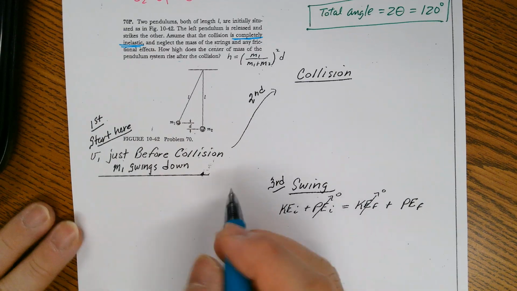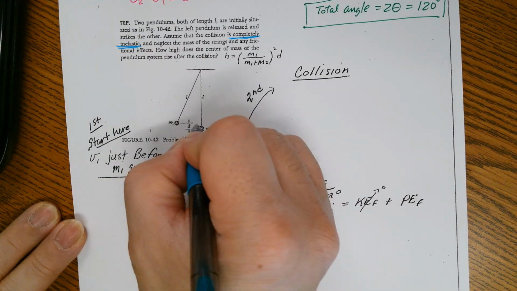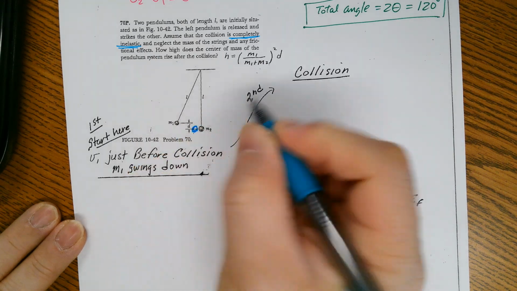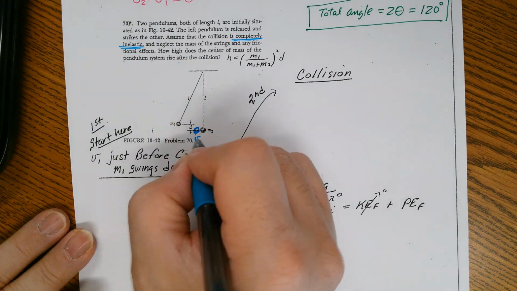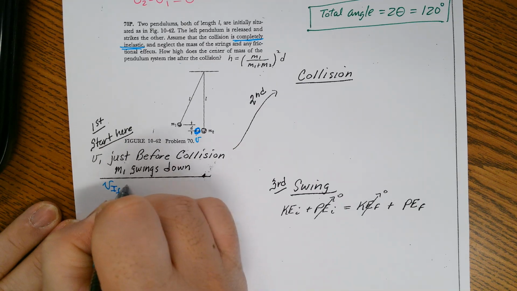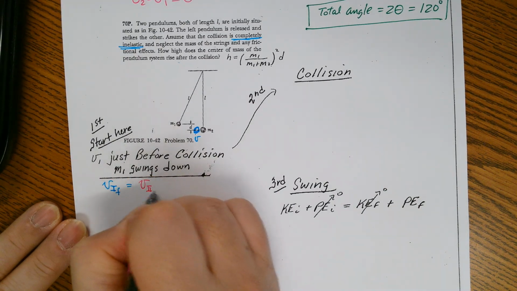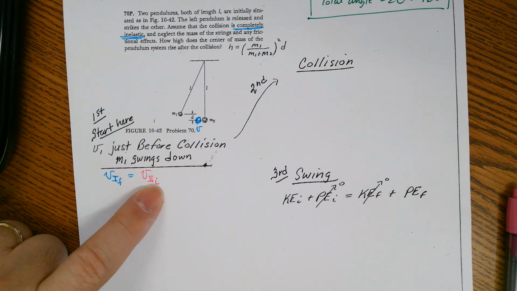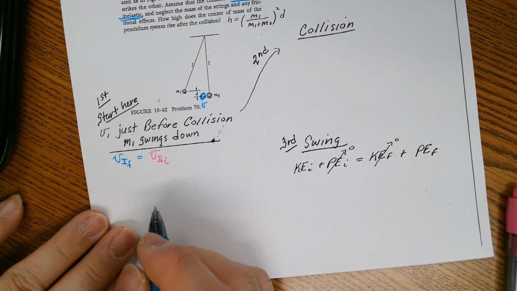For phase 1, just before the collision, I want to find the velocity right before it hits. That v1 final of phase 1 is equal to v2 initial, the velocity of phase 2 initial, right at the collision.